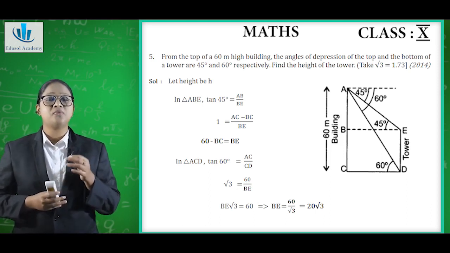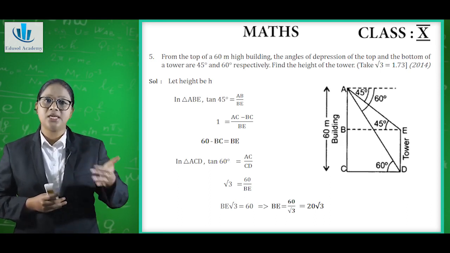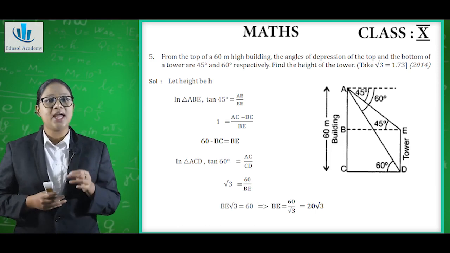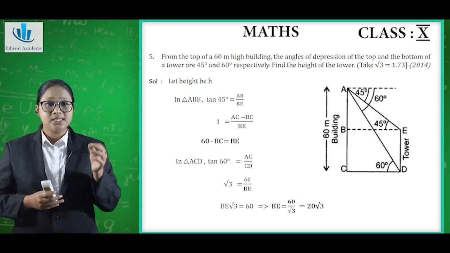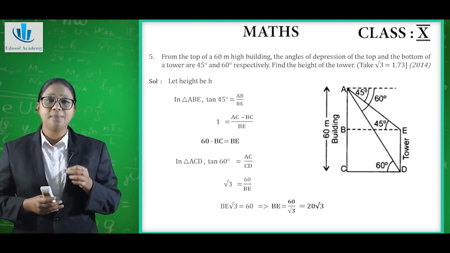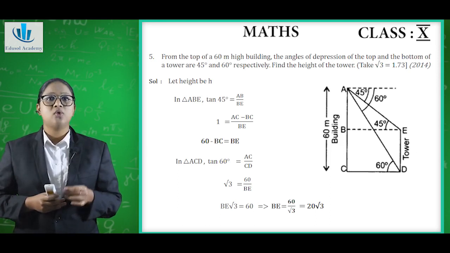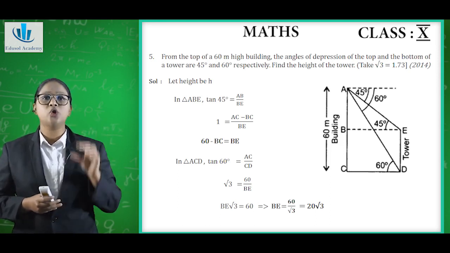Now the angles of depression are given. Those will be angles of elevation, alternate interior angles. So in triangle ADC, angle D is equal to 60 degree, and in triangle ABE, angle E will be equal to 45 degree. So we'll take the first triangle, a small triangle.